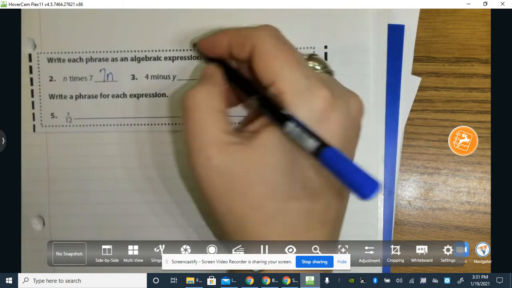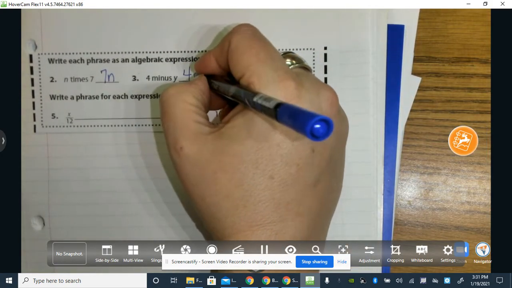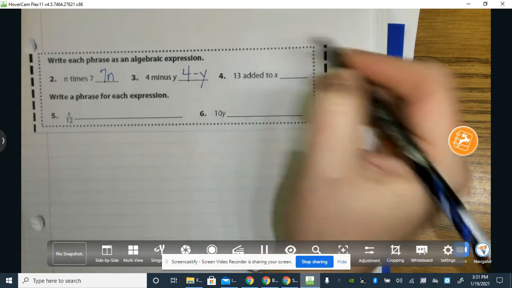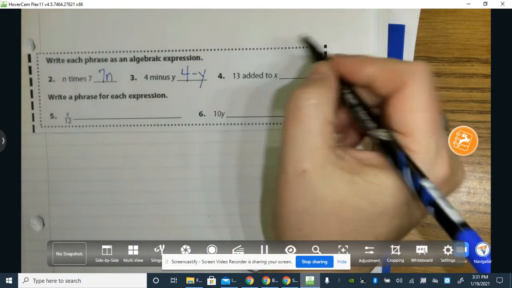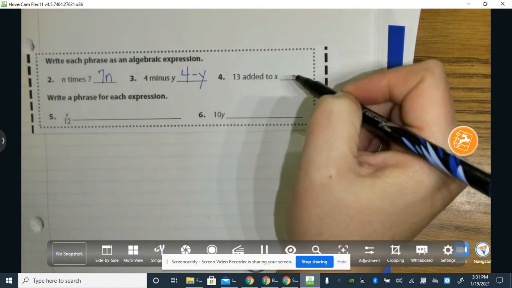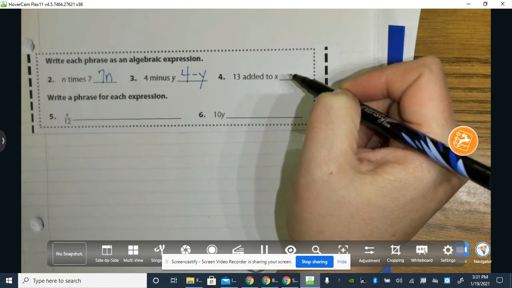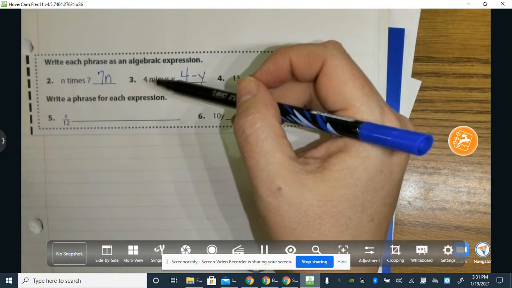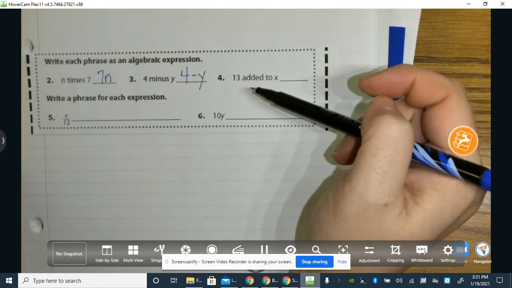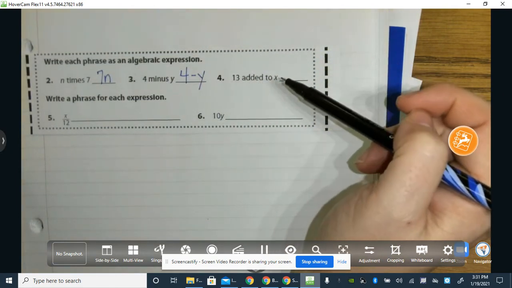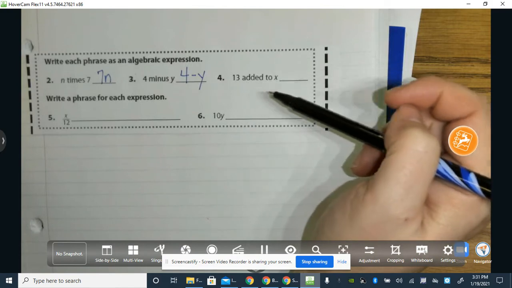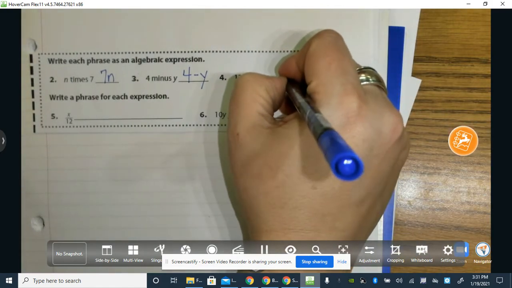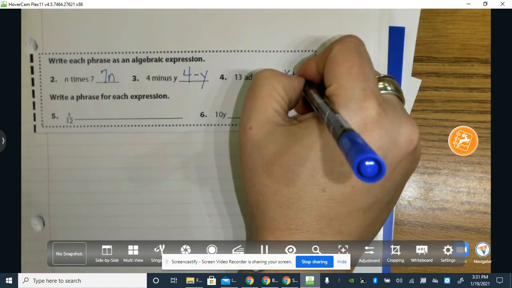Just like I start off with 4 and I'm subtracting y: 4 minus y. Number 4, 13 added to x. Even though in the one before it 4 came first, here I'm going to start with x and I'm adding 13 to it.